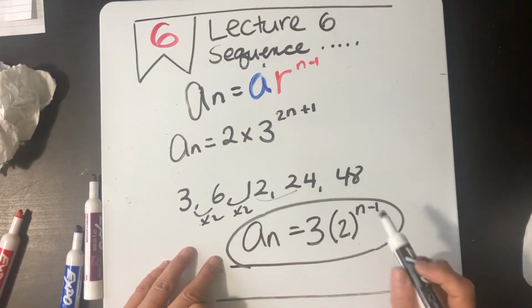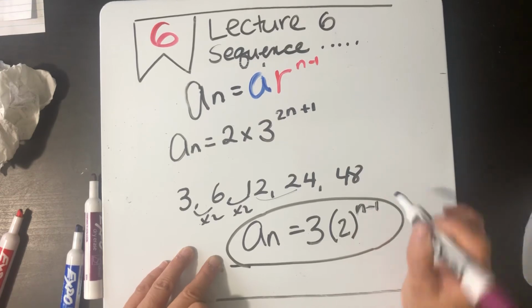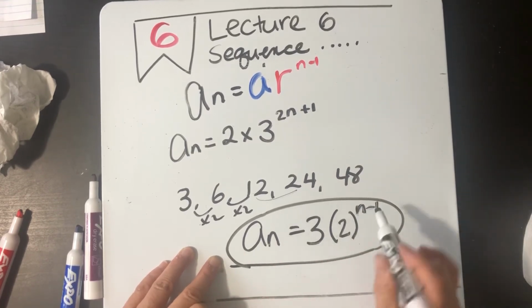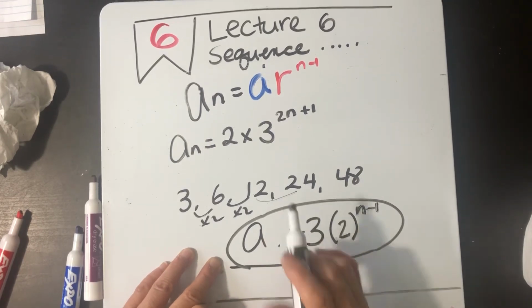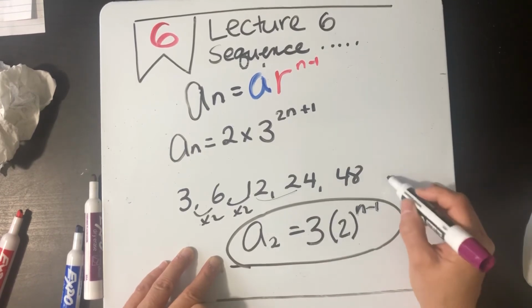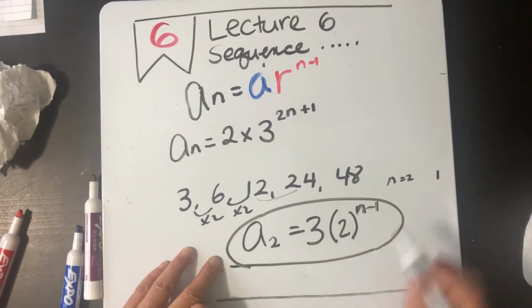And in this sequence, the N gets one bigger each time. For example, if N is 2, the exponent is 1.